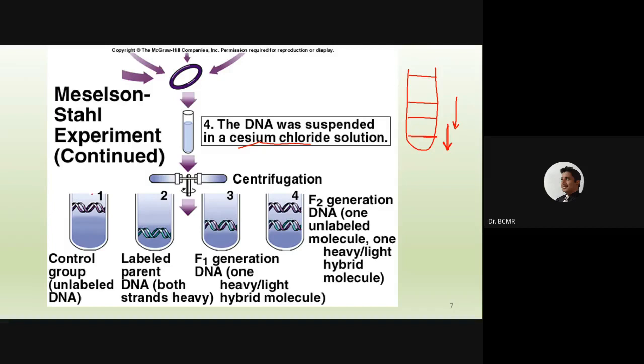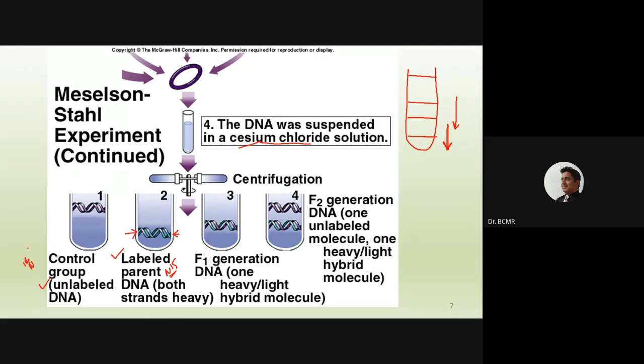If this is labeled parent DNA, that means it contains N15. Both the strands are N15. It would be very heavy, so it will settle much lower. Whereas unlabeled DNA is usually the N14.